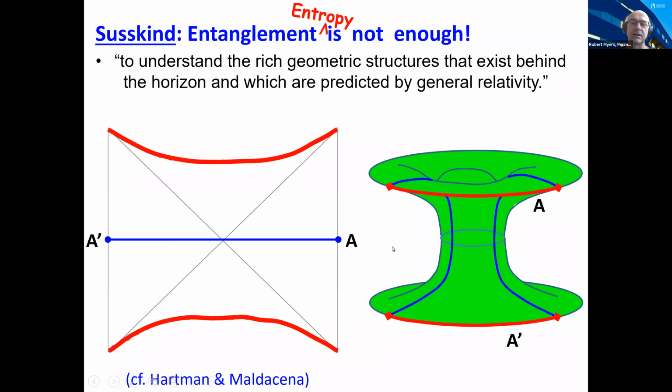Now, what we can do, though, is ask how the entanglement entropy evolves with time, and we push A and A prime upward on the boundaries. For a while, what happens is those surfaces are more or less the same. They're just stretching now, because of the extra space-time here inside the horizon.